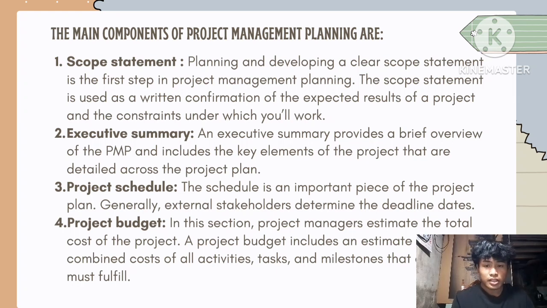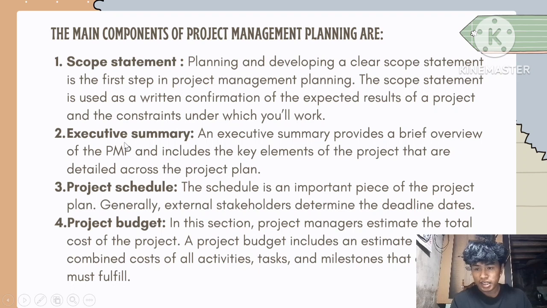So the scope statement serves as an initial foundation in project management planning, involving the careful planning and development of a clear statement outlining the anticipated outcomes of a project and the limitations or boundaries within which the project activities will be conducted.